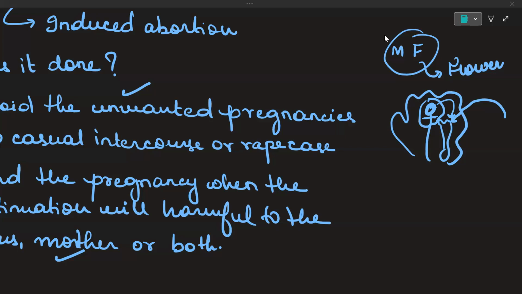Entomophily. And the pollination with the help of water is known as? Hydrophily. And the pollination with the help of air is known as? Anemophily. Very good. Can you give me some examples of the plants that are pollinated by air?